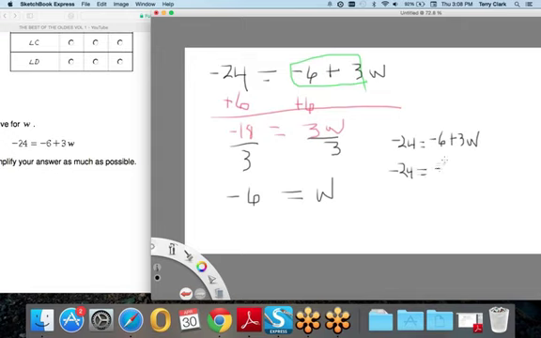We got negative 6 here plus 3 times negative 6. Okay, negative 24. Now we're going to do the math. Okay, so 3 times negative 6 is going to be negative 18.